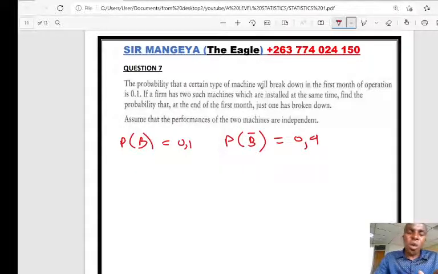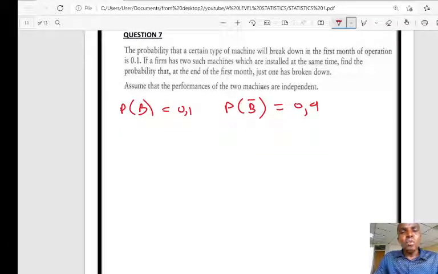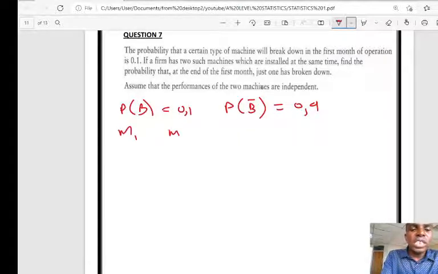So it's either machine A or machine B, right? A can break down while B is working, or B can break down while A is working. Let me call these machines M1 and M2, machine 1 and machine 2.